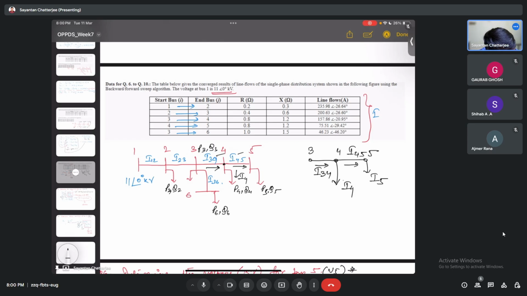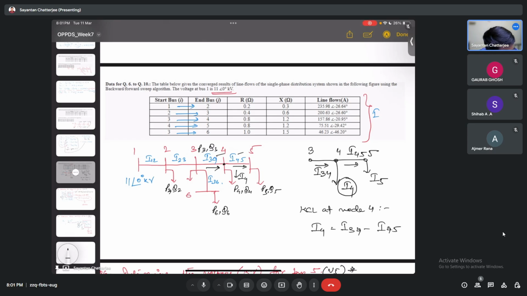So what will be I4? Just apply KCL at node 4. I4 will be I34 minus I45.